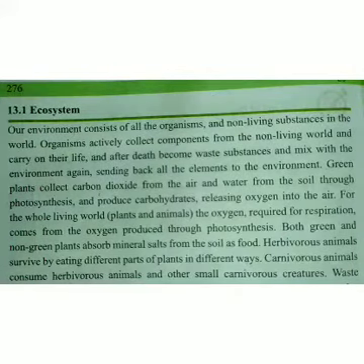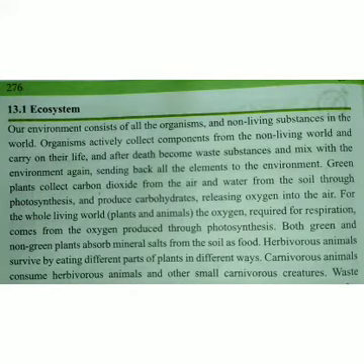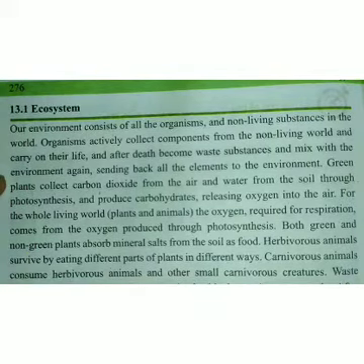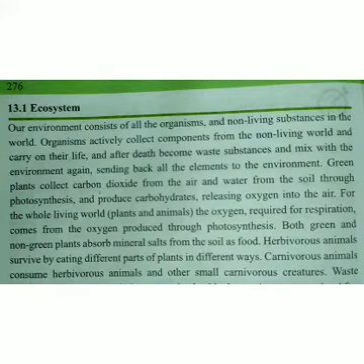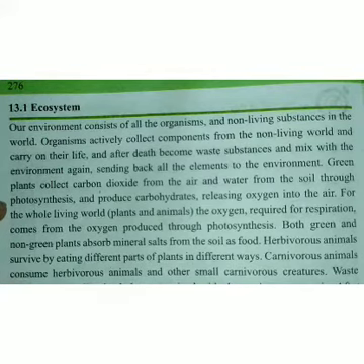Organisms actively collect components from the non-living world and carry on their life, and after death become waste substance and mix with the environment again, sending back all the elements to the environment. Green plants collect carbon dioxide from the air and water from the soil through photosynthesis and produce carbohydrate, releasing oxygen into the air.